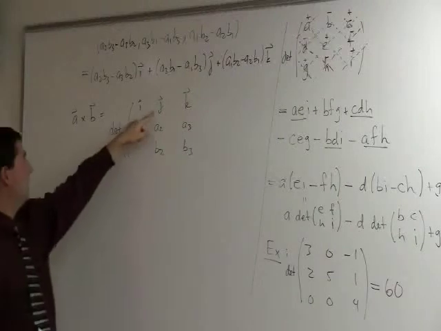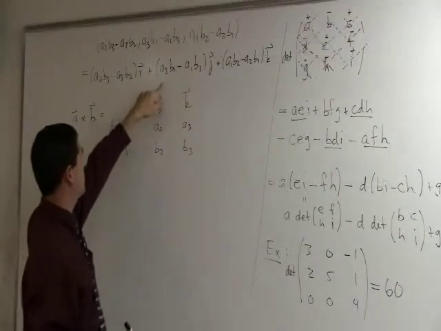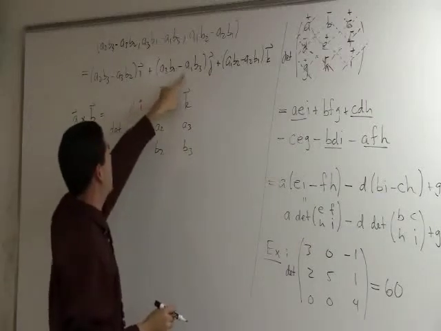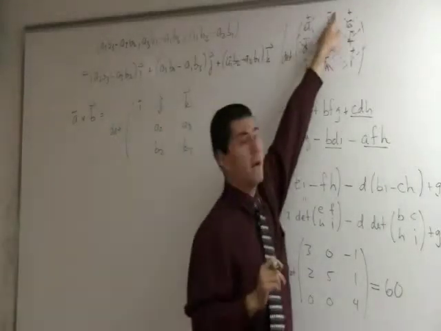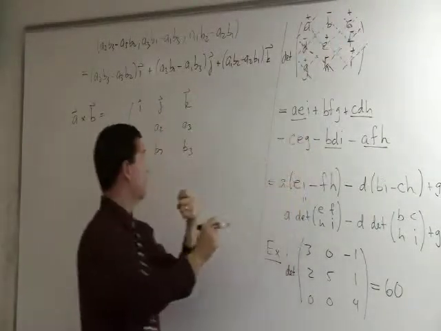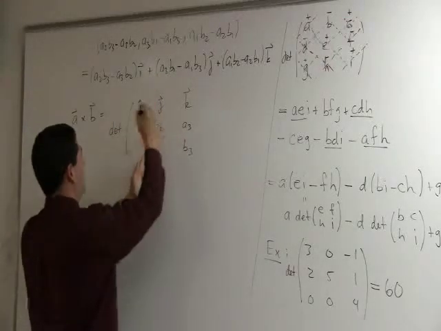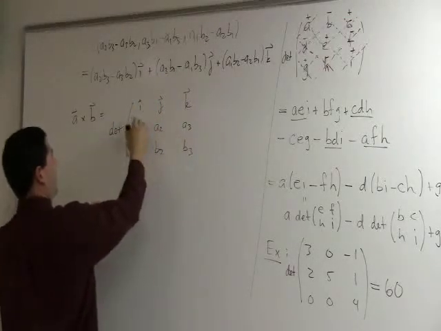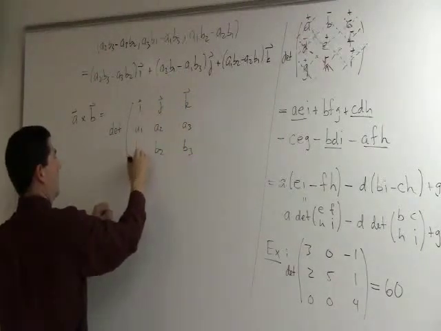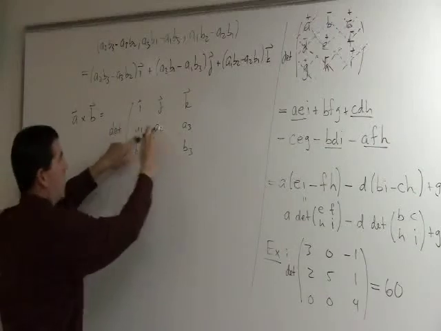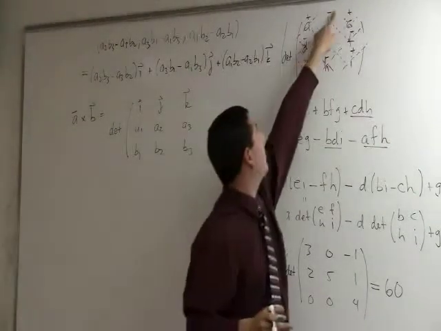Then I need to do J times the determinant. Well, it should be A3B1 minus A1B3. But remember, that position is going to get a minus sign, so I can swap things around as I need to. It's going to kill that and kill that, so it should be A1B3, good, minus A3B1. The determinant here would be A1B3 minus A3B1, which is the opposite of this, but that takes into account that minus sign.